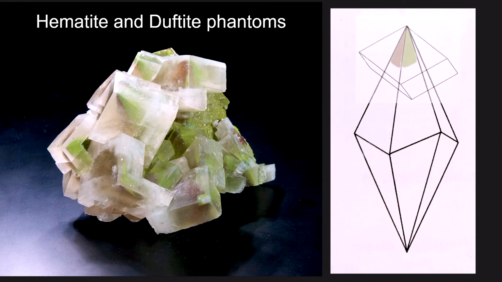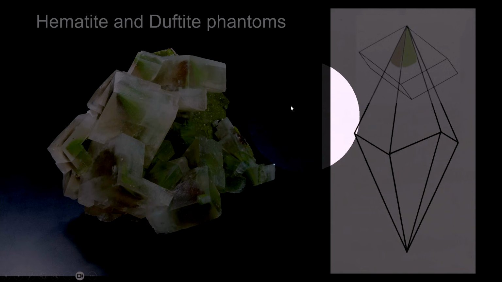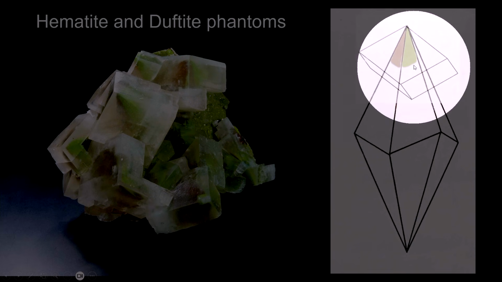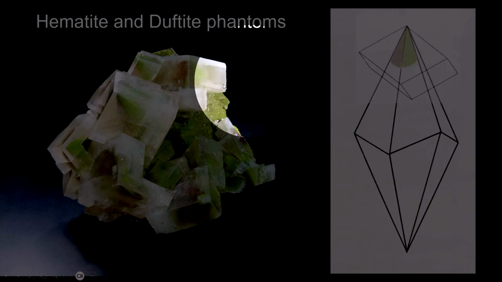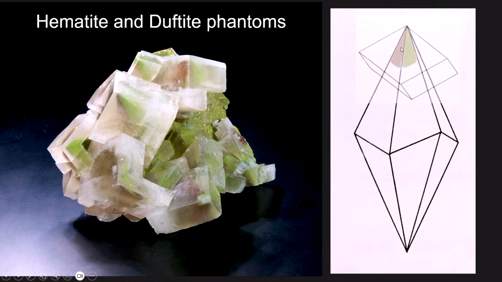As we can see in the diagram here, we first had a scalenohedron of calcite form, and then the duftite was deposited on the termination, and the hematite was deposited on the other side of the termination.